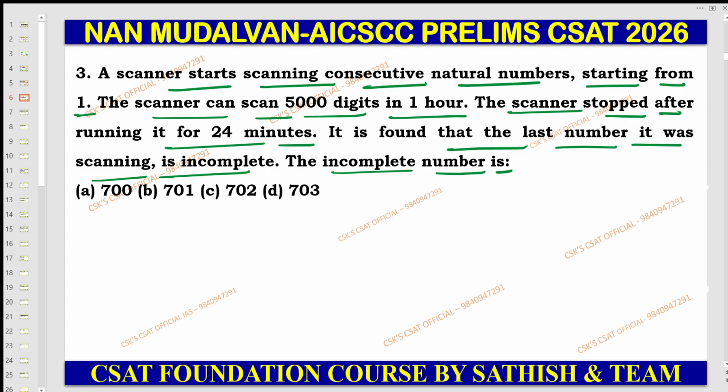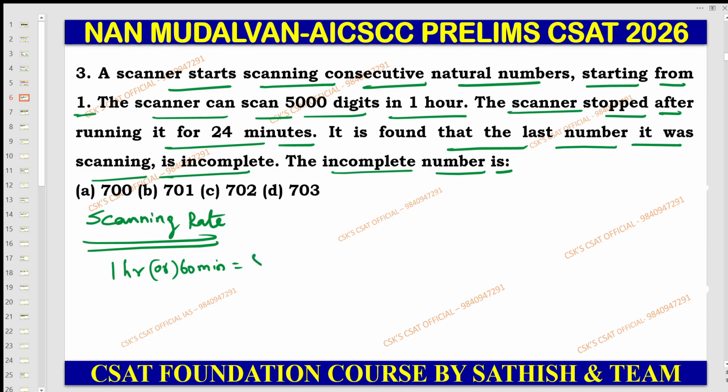So now what has been provided here? The scanning rate has been provided, which means in 1 hour, or 60 minutes, 1 hour can be written as 60 minutes. So in 60 minutes 500 digits, that is the scanning rate of that particular scanner. So therefore in 1 minute, 500 by 60.